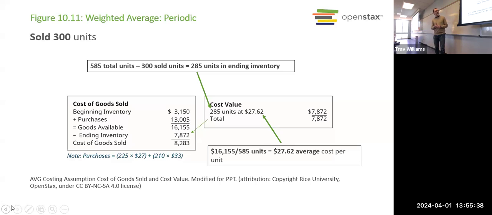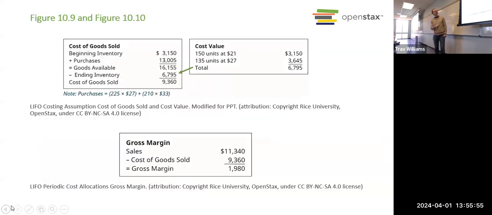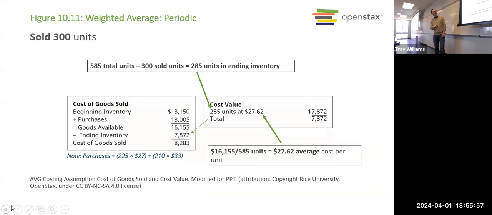Right, so like back here where they broke it down for us, we would be multiplying 150 times 21, 225 times 27, 210 times 33, and we would add those three totals together to get the total cost of all the inventory, right? The way they broke it down here, they gave us the total cost of our beginning inventory and the total cost of what we purchased.